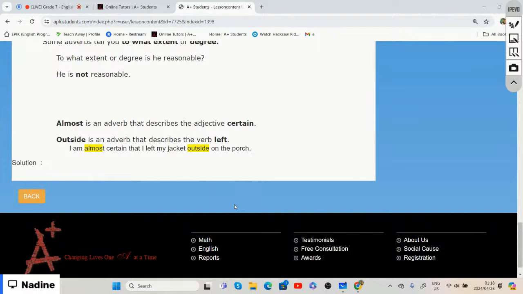All right, and if we look at these two words, that is almost and outside, right? These two words are adverbs, right?